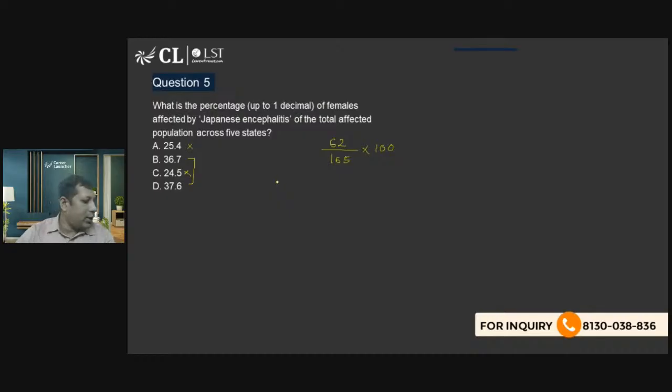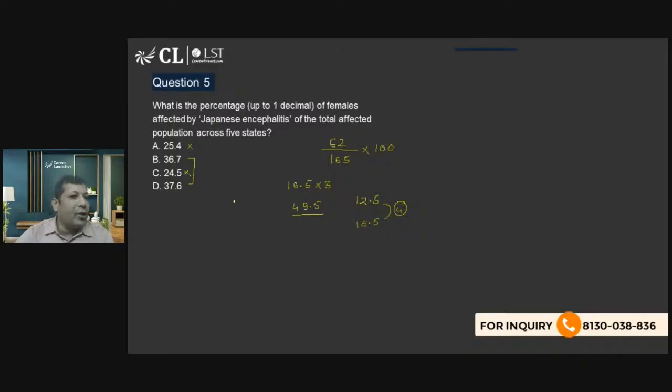So what I am going to do, I am going to take 30%. So 10% is 16.5 into 3 is 30%. So this becomes 49.5. Okay. Now I need 12.5. So 12%, so 10% is 16.5. So I need to decrease it by what? 4. So it is going to be close to 2.5%.